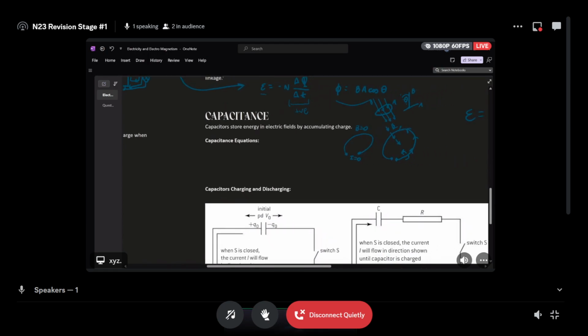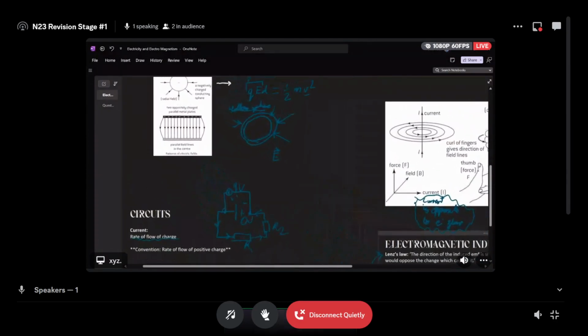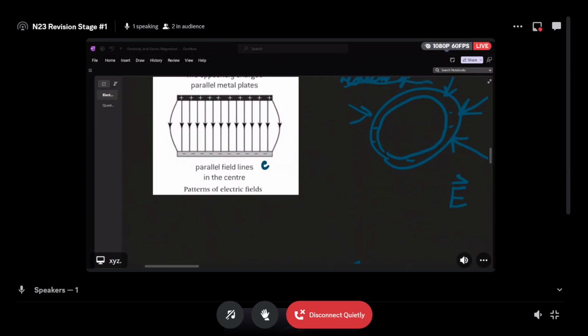And now let's look at the capacitance equations. So like I said, the charge is proportional to the voltage across the plates. The higher the voltage, meaning the higher the potential difference across the two plates, the higher the amount of electrons and the charge we have on one of the plates.